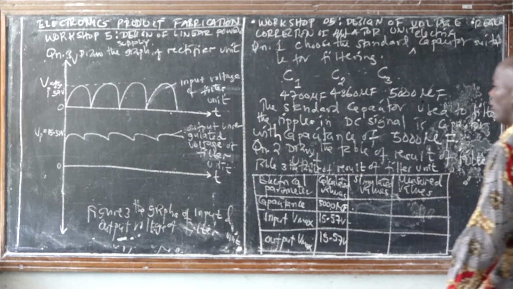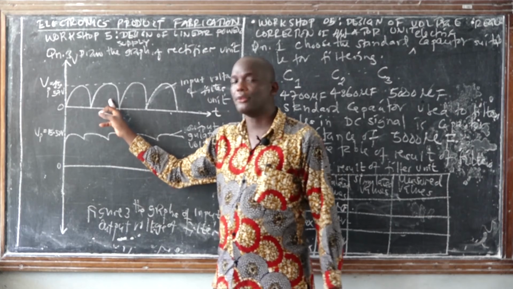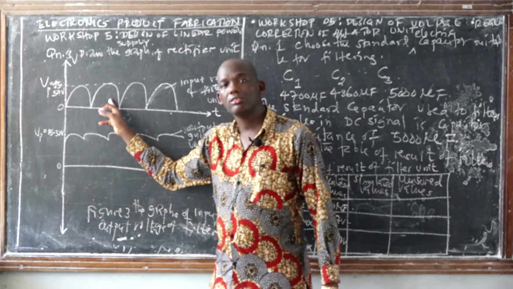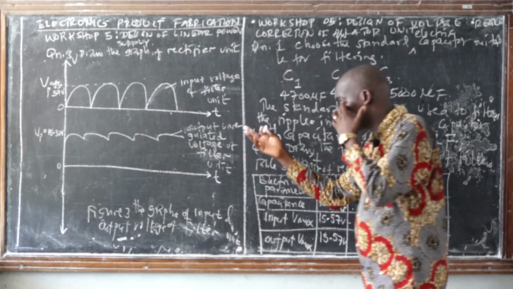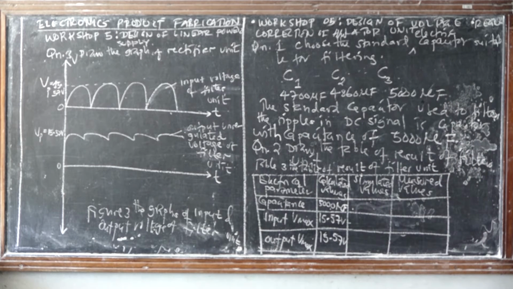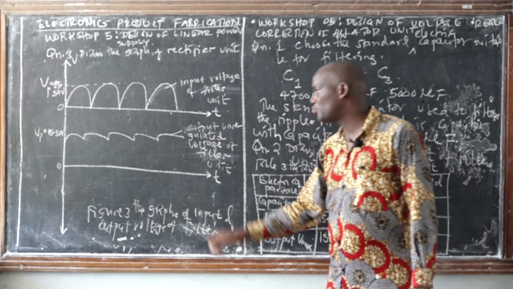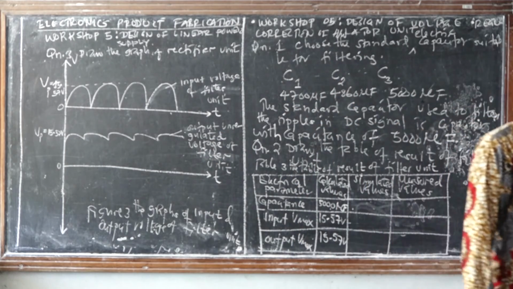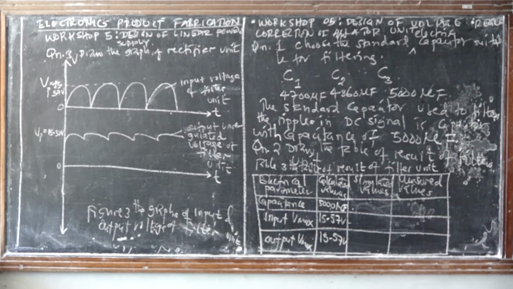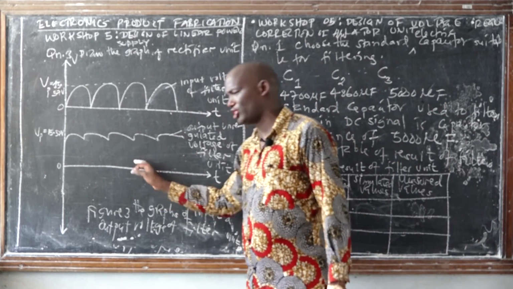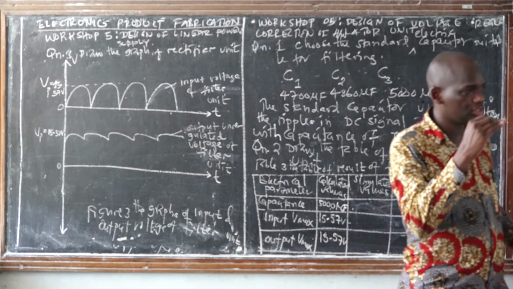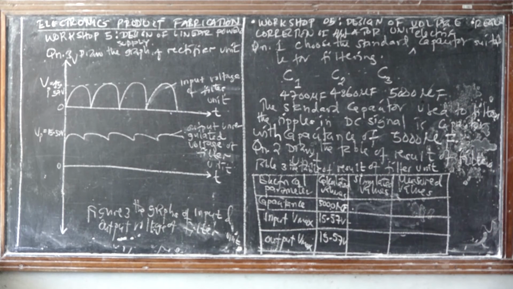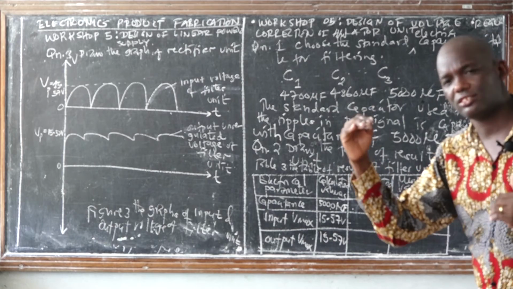So this is what we have got from the rectifier unit. Once we fed this pulsating signal into the filter unit, we have the output, which is unregulated DC voltage. You might find that it is kind of DC, but still changing, because unregulated means the value of the voltage is still varying.